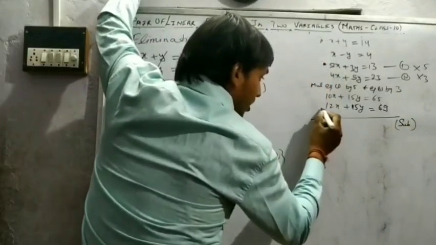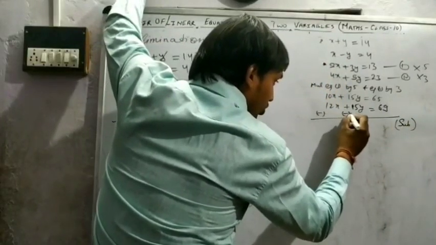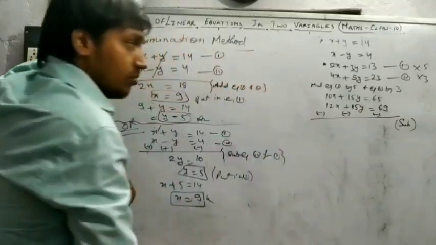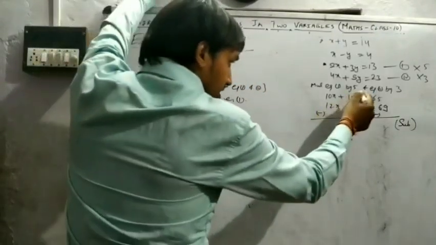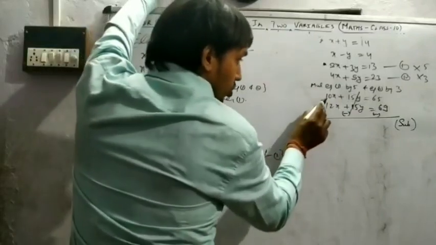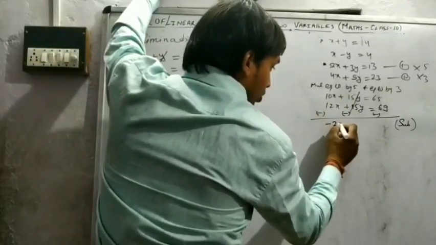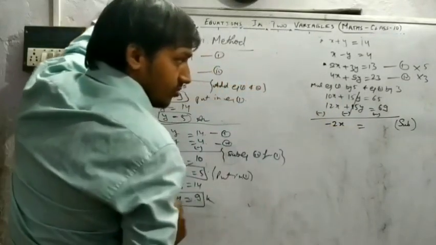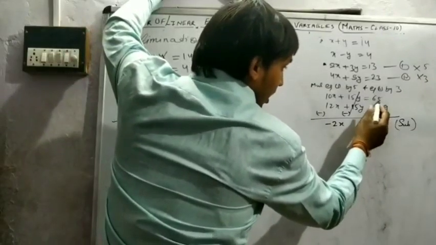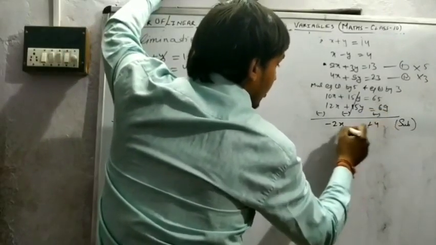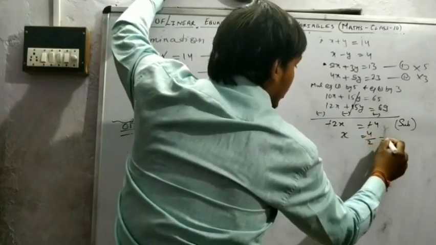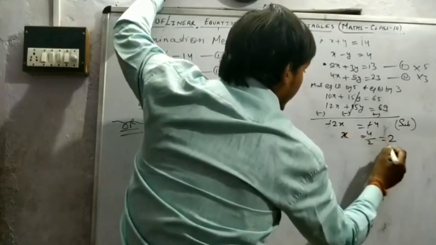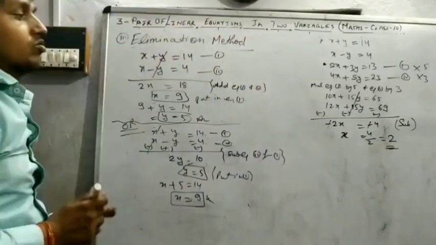When you subtract, plus changes to minus, plus changes to minus, plus changes to minus. Plus becomes minus, minus becomes plus. Then cancel. So 10x minus 12x is equal to minus 2x. 69 minus and plus 65, that is minus 4. Minus cancels. X is equal to 4 upon 2, that is 2. We get the value of x is 2.